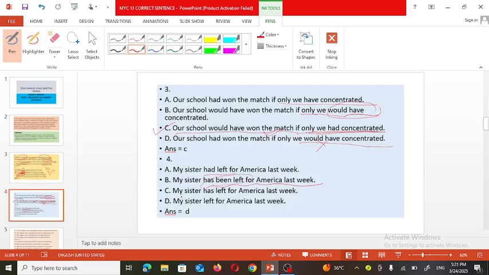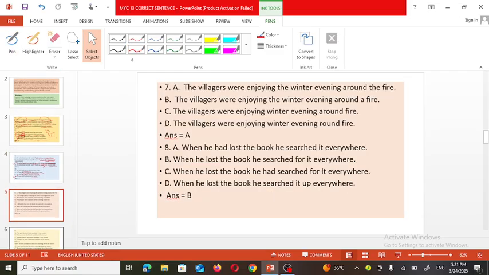Now see option C: my sister has left for America last week. This sentence is in the present perfect tense, and now actually last week this thing happened, so simple past. So my sister left for America last week. That is the correct option. Now see the next example.